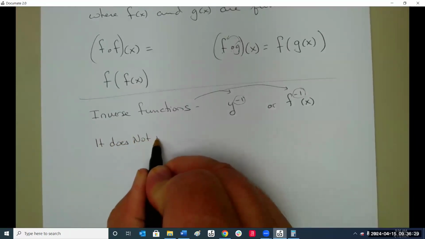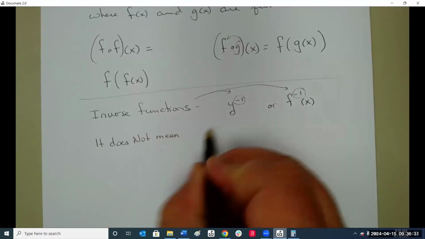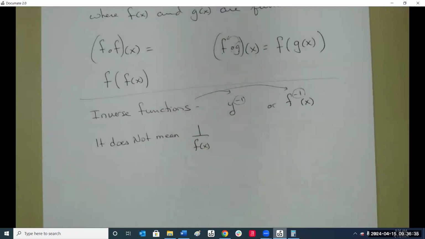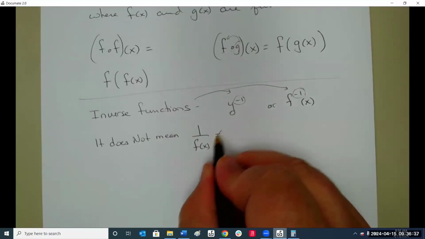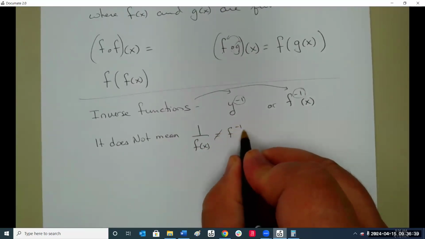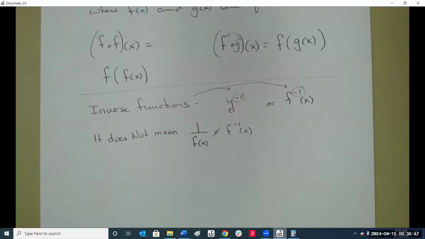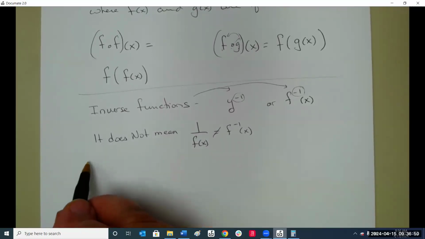It does not mean 1 over f of x. It simply means the inverse.